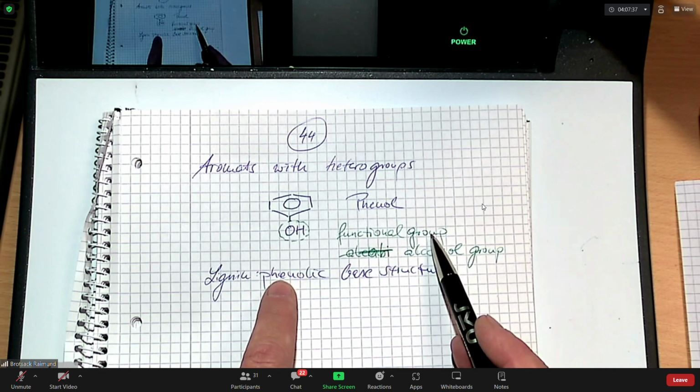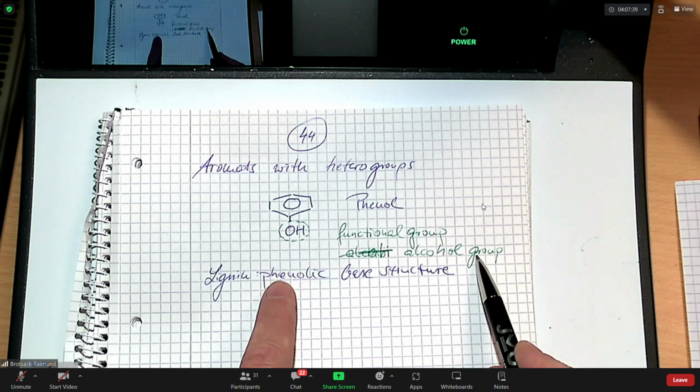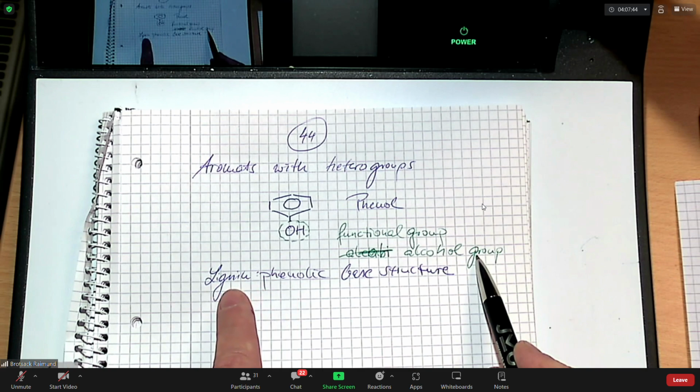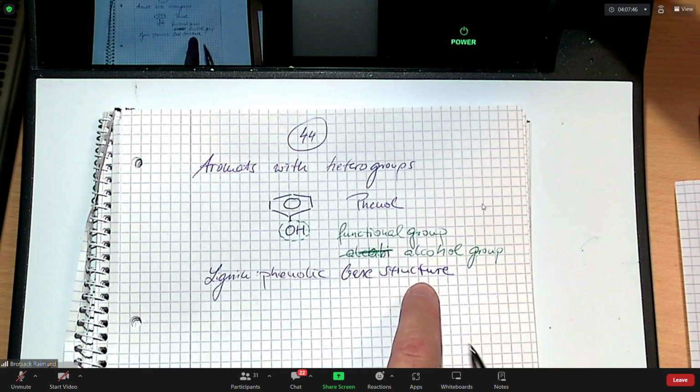Functional group, alcohol group. Lignin, phenolic base structure.